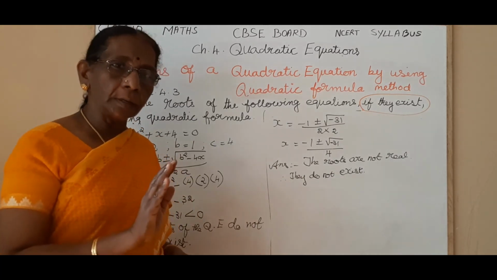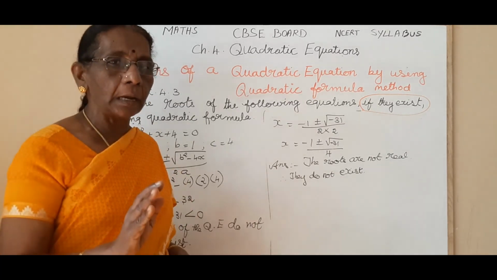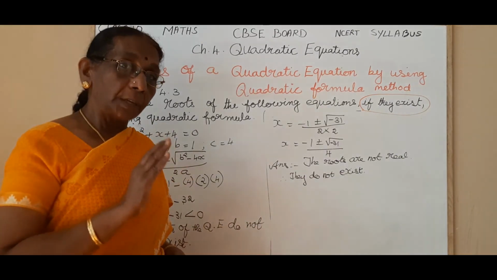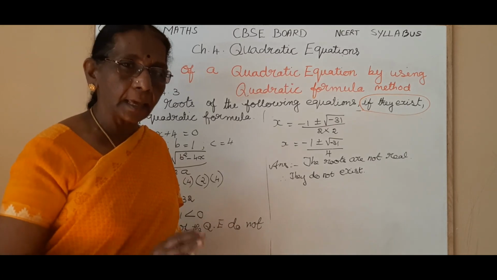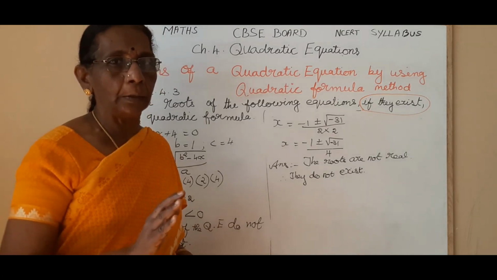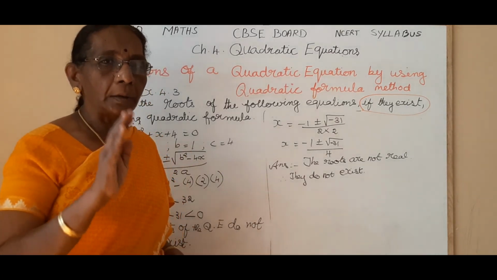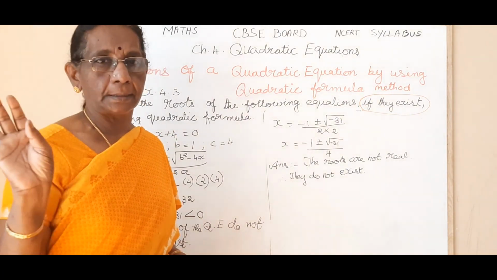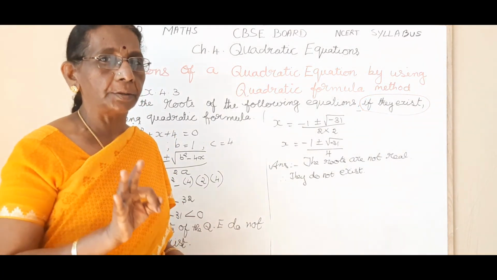And if it is equal to 0, the roots will be equal and they exist. And if the value of b squared minus 4ac is less than 0, if you get a negative value, the roots are not real. So they do not exist. These are the three main conditions.